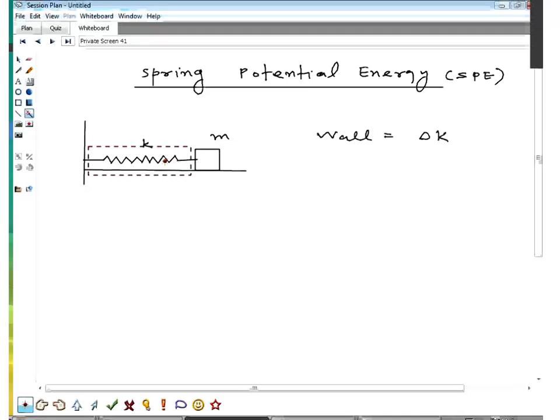Spring pulls small m by kx force. So spring will be pulled by small m by kx force also. Spring is pulled to the right by kx force. Spring pulls this wall by kx force. So wall will also pull the spring by kx force. On the spring system, there are two forces, kx by small m on the right, kx by this wall on the left side.